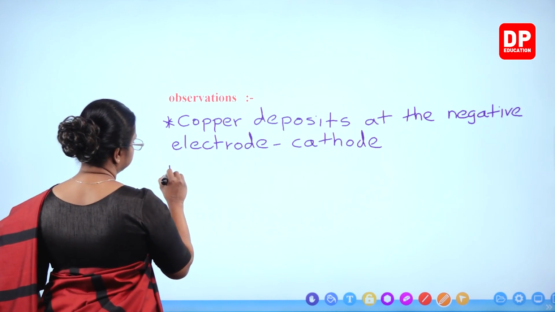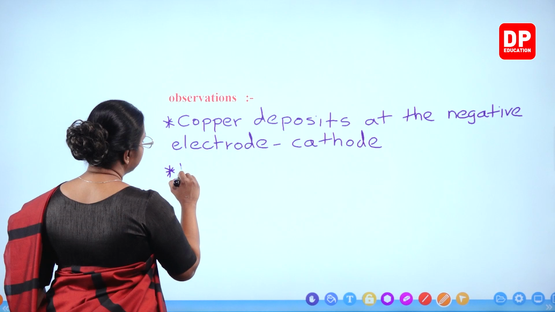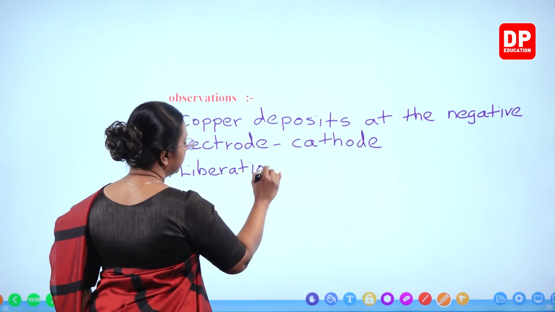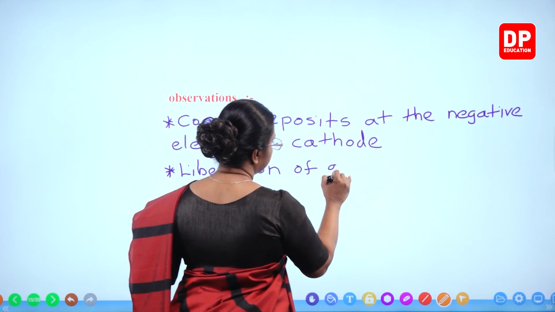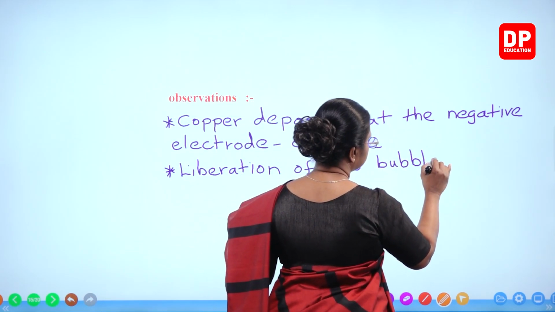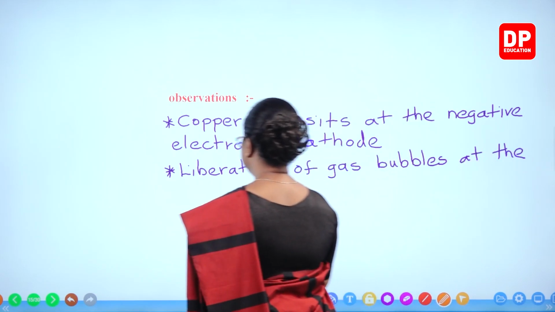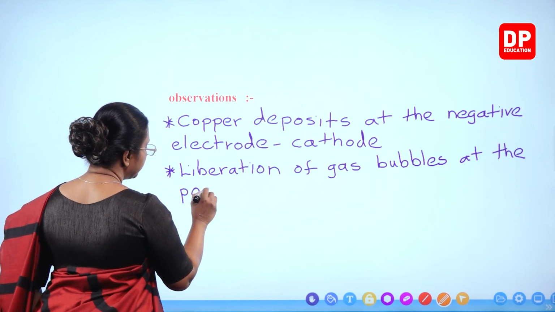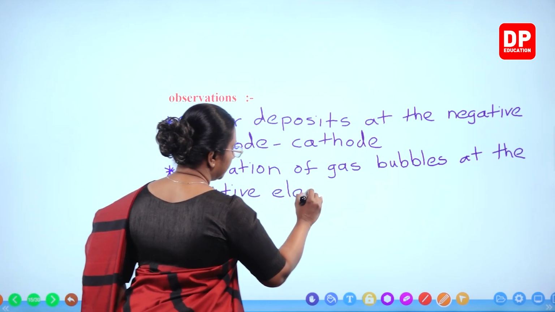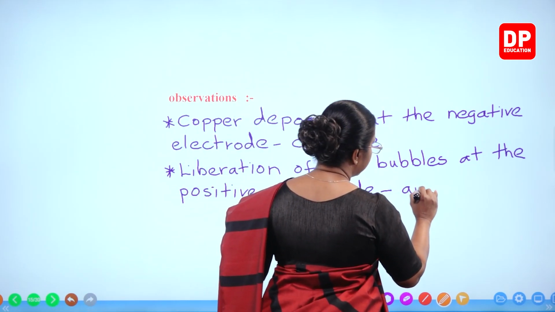And then you can remember liberation of gas bubbles at the positive electrode, that is the anode.